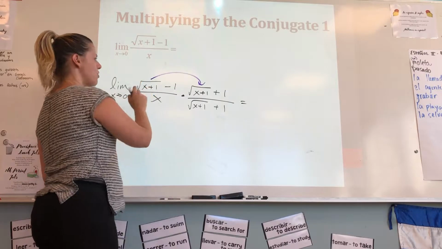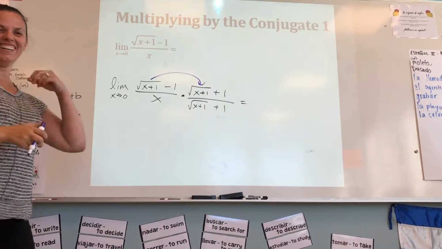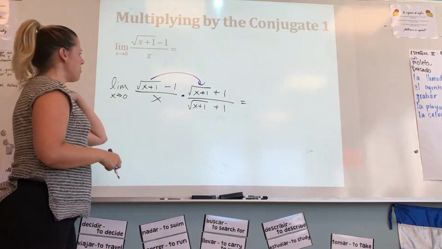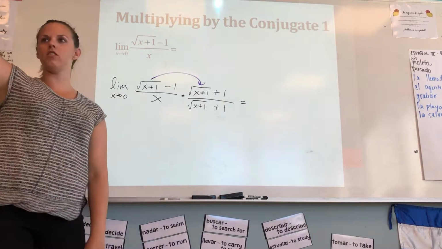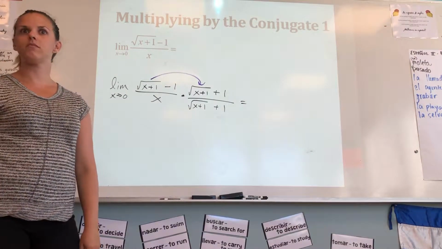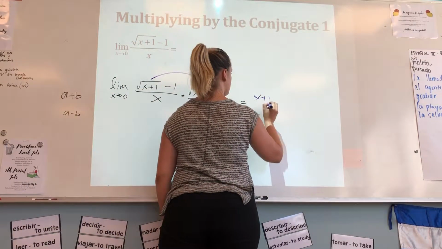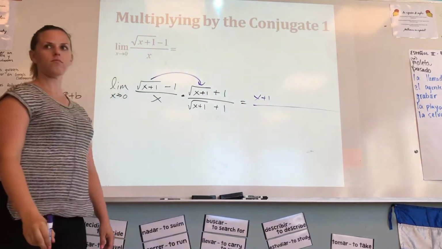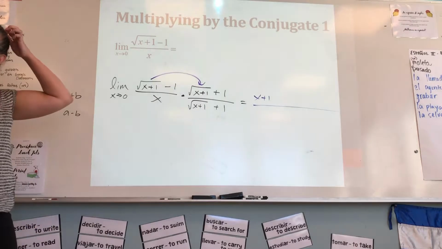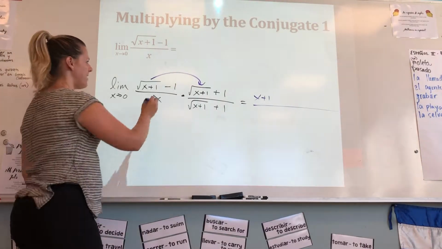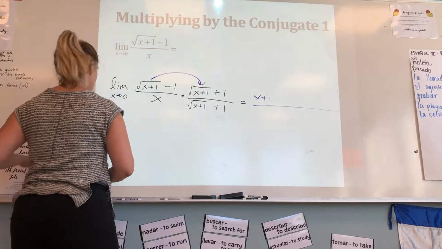Okay. Root x plus 1. That's good. Root x plus 1 times root x plus 1. Just regular old x plus 1. What's going to happen when I do the outer?